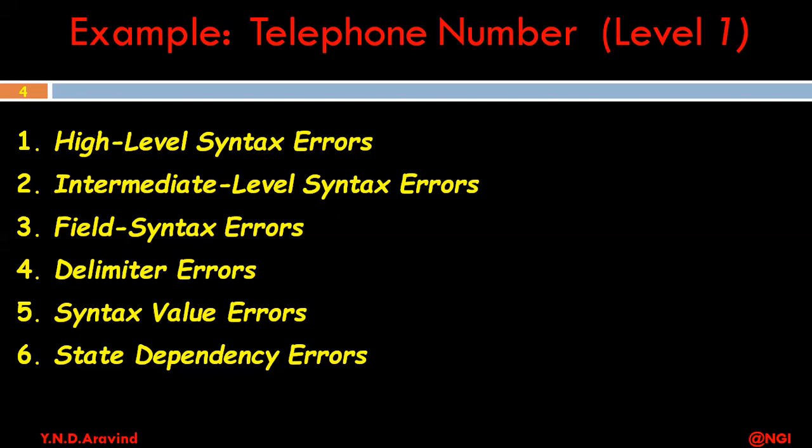The fourth type is delimiter errors: violation of the rules governing the placement and the type of the characters that must appear as a separator between the fields. Next, syntax value errors: when the syntax of one field depends on the value of another field, there is a possibility of an interaction between field value errors and syntax errors.